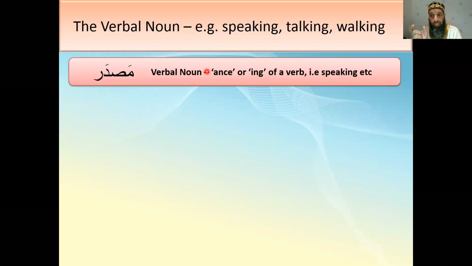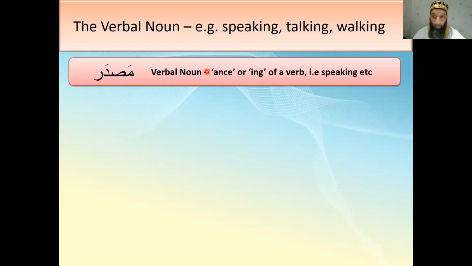He spoke, how do you say speaking? He remembered, how do you say remembrance? You're not saying he remembers, he remembered, he will remember. You're saying the actual verbal noun. You're talking about that verb happening. So remembrance, walking, diving, playing, killing the mosquito.